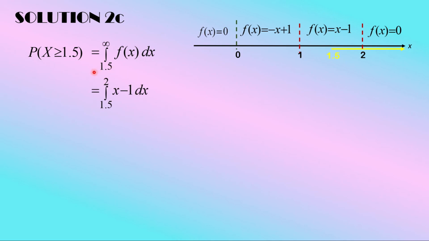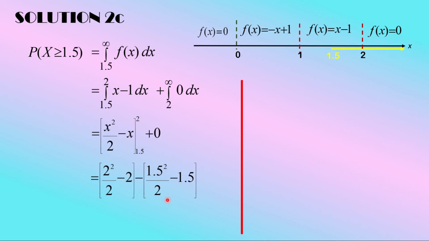First, integrate function x minus 1 from 1.5 to 2 and plus integrate function 0 in the interval 2 to infinity. And this is the answer after integrating. Substitute the limits and solve for the probability. So the answer should be 3 over 8.